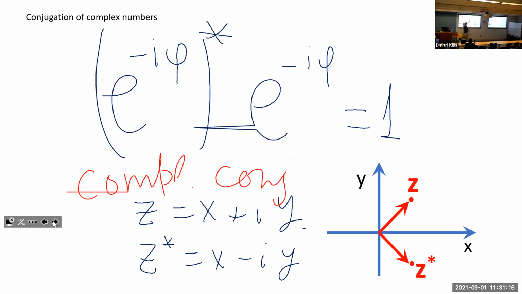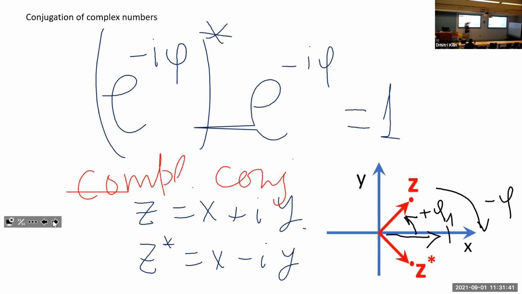And the second time, you rotate it by the angle minus phi, which means you return it back. So if here is our vector of length 1, first we move it by plus phi, and then move it back by minus phi. And we always get 1.